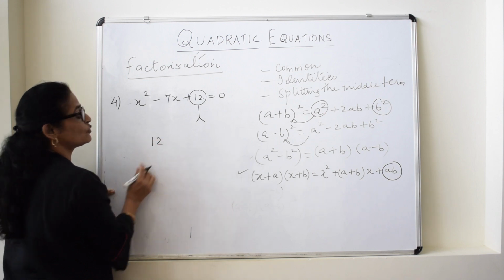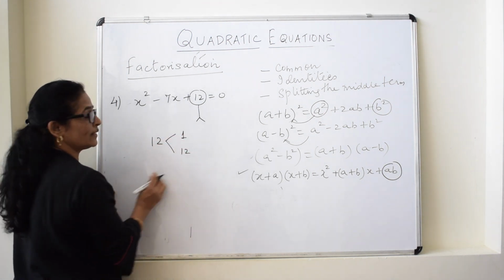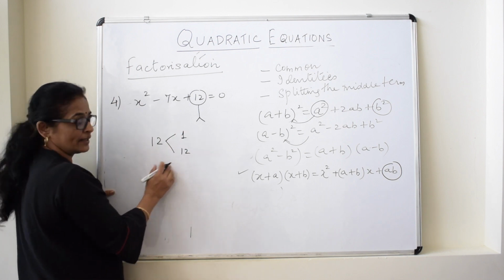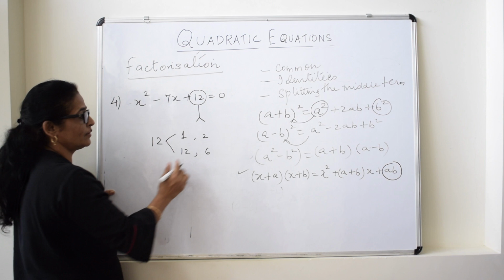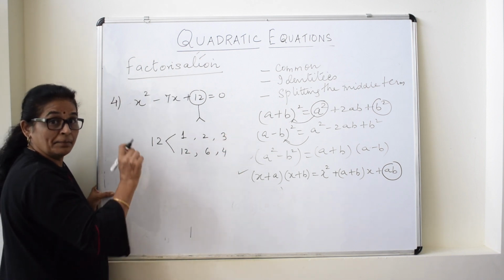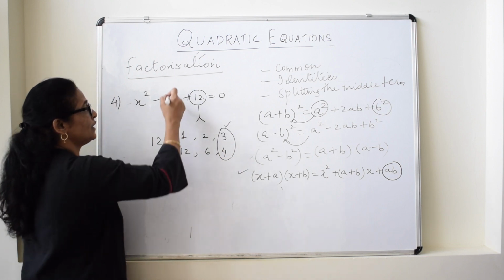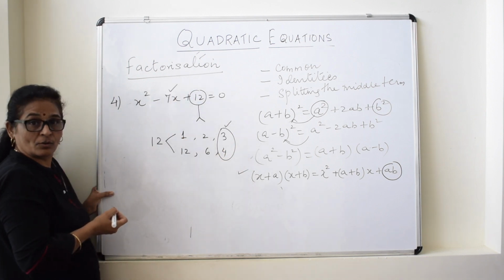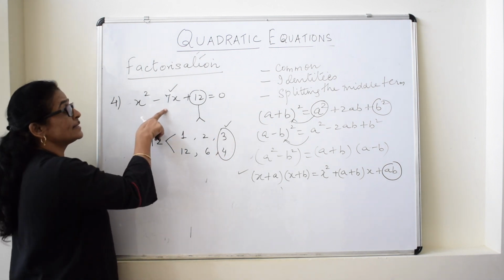The factors of 12 are 1 and 12, or 2 into 6 is also 12, 3 into 4 is also 12. The minute you see 3 and 4, it should strike you that this will help us. Why? Because the combination of 3 and 4 is 7.